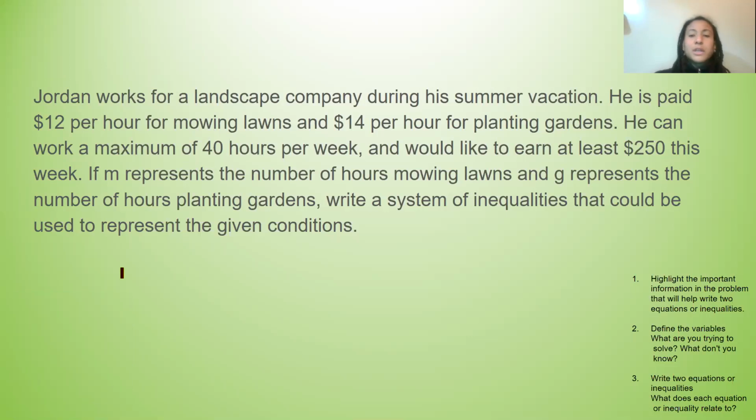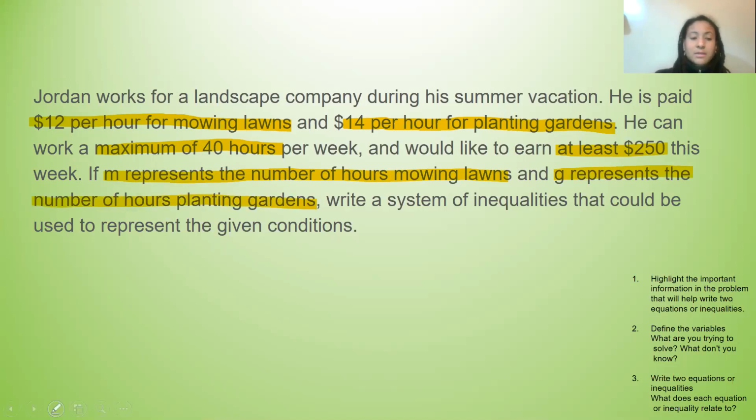All right, so the first thing is we're talking about Jordan working for a landscape company. So in this landscape company, we know he is paid $12 an hour for mowing lawns, $14 per hour for planting gardens. He wants to work a maximum of 40 hours. And he wants to earn at least $250. Okay? M represents the number of hours mowing the lawns, and G represents the number of hours planting gardens.